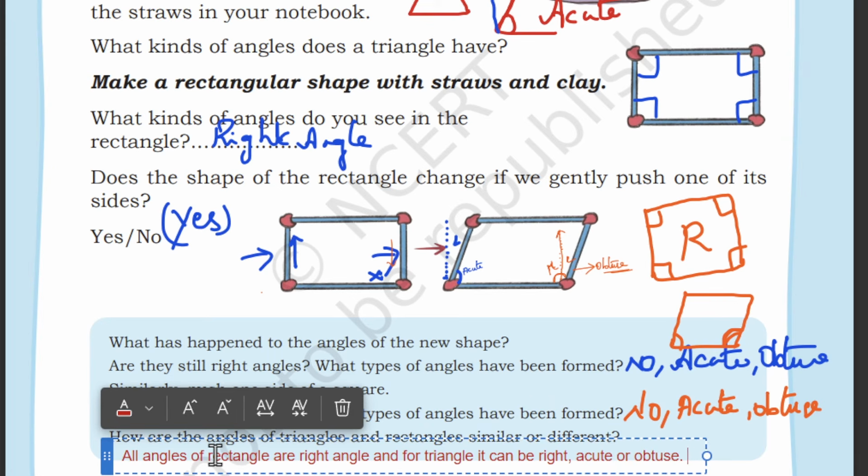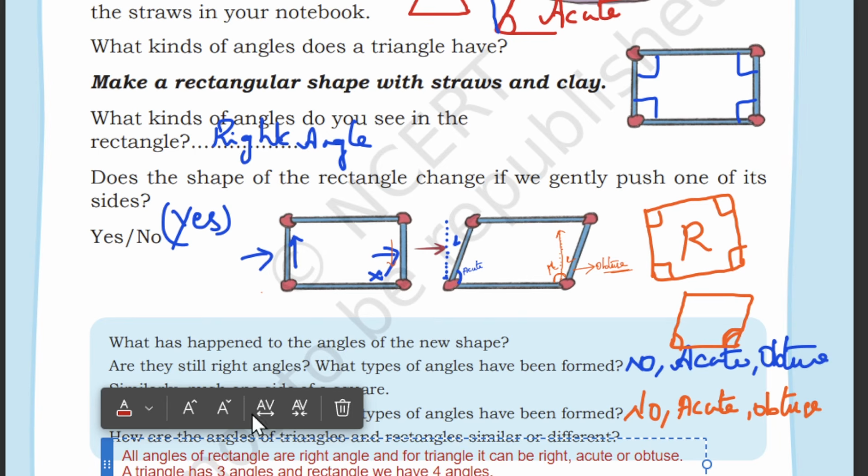Okay. And next you can write a triangle has 3 angles, and a rectangle has 4 angles.